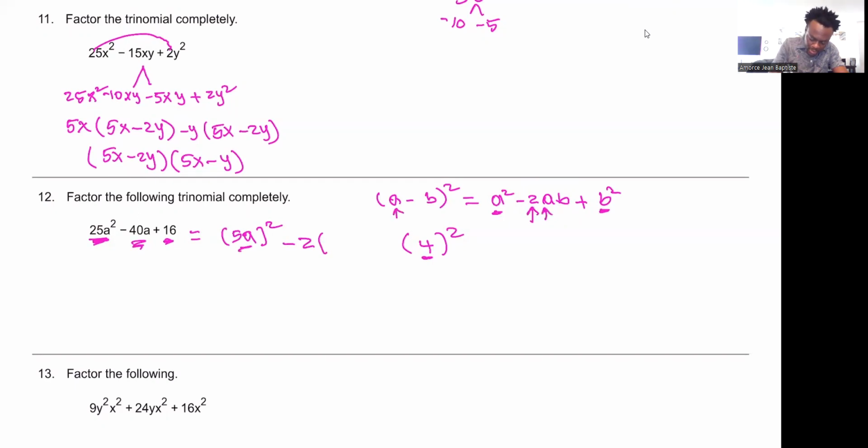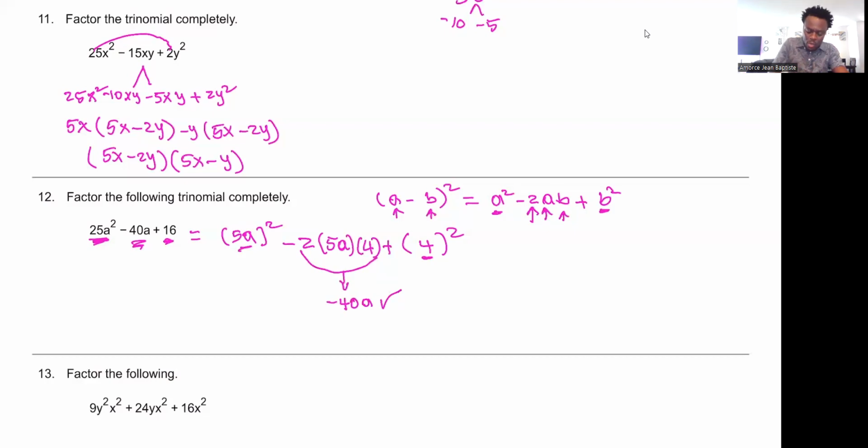So that's the expression 5a, and then the second, which is in this case the 4. Okay, and then now we want to evaluate this to see if it equals -40a. Yes, it is -40a.